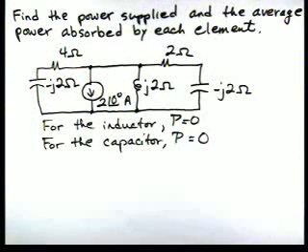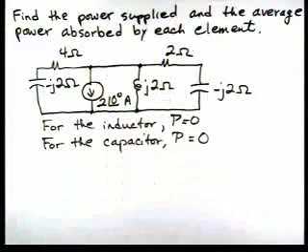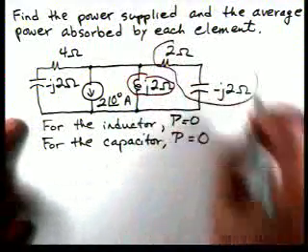Now we need to do some analysis on the circuit to be able to calculate currents through the resistors and voltage across the current source. So let's start off and say, okay, here are two impedances in parallel.